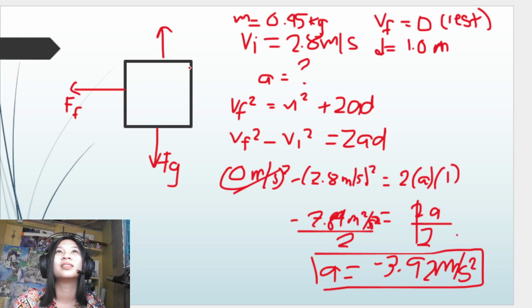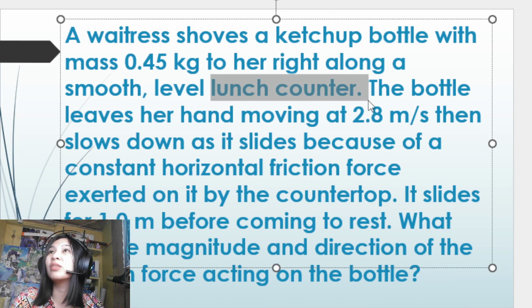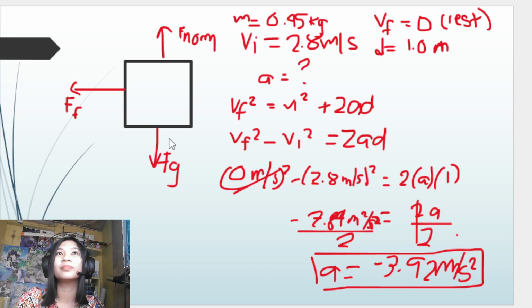But here this is not air resistance because it's not falling. So here we have F norm, because the object is on the counter. The countertop is a surface, so we have F norm. So we have no acceleration in the vertical direction.